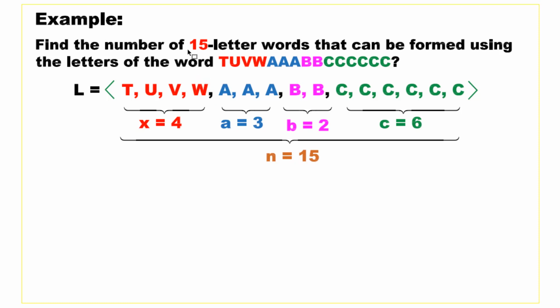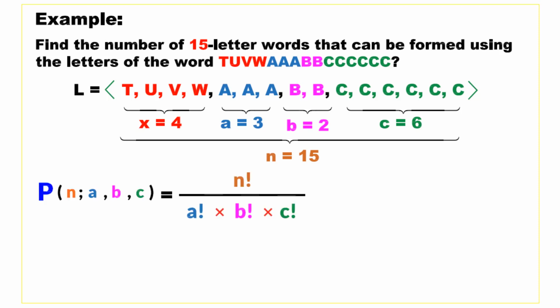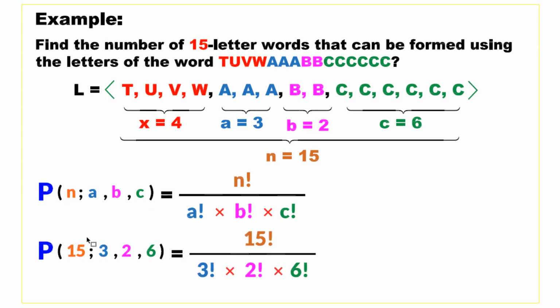If the question is asking form 20 letter words out of these 15 objects, then we are going to have a totally different formula, not the formula we have in this video. So we apply the permutation formula, and we substitute N, A, B, and C, and we read it as follows.